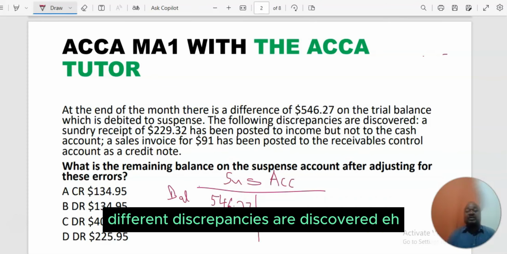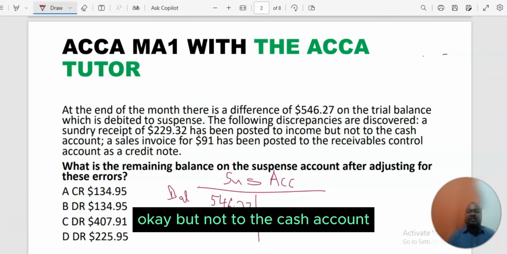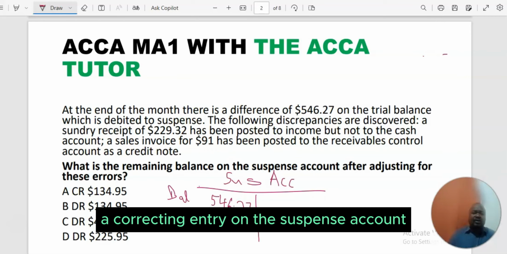The following discrepancies are discovered. A sundry receipt of 229.32 has been posted to the income, but not to the cash account. So how do you know which side you are going to put a correcting entry on the suspense account?